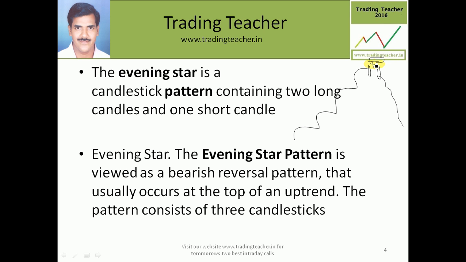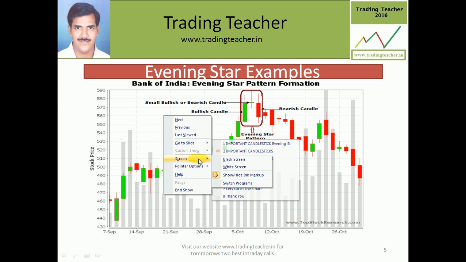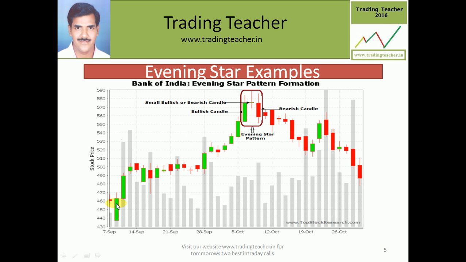I will explain it later, because this pattern is very important and a very strong pattern. So don't take it as normal. Take this seriously. This is one example from the Indian markets that I have taken, Bank of India, and I am showing you the pattern here, how it comes.